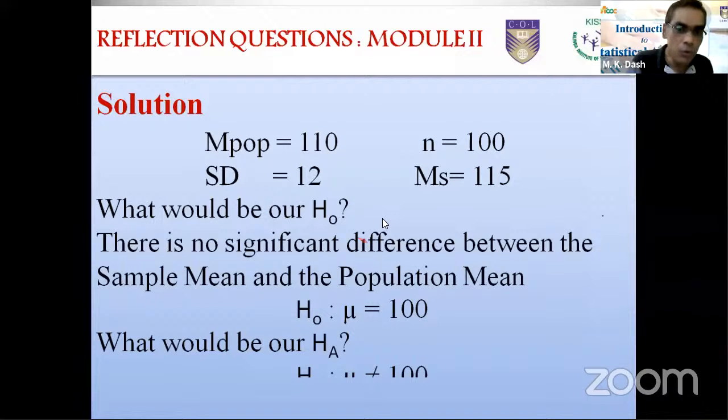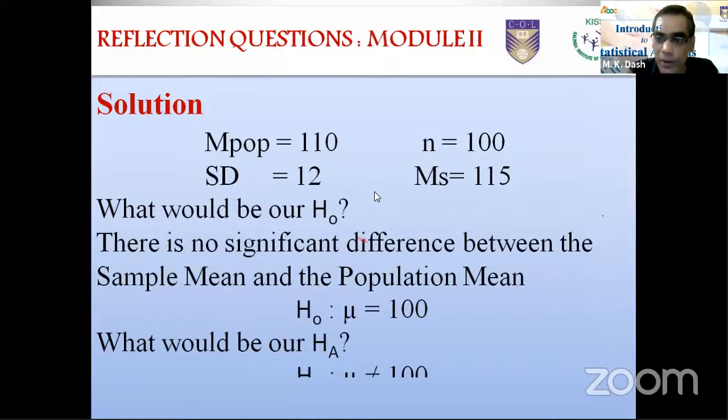What do we have to do? What would be our null hypothesis? This is the null hypothesis. What is the null hypothesis? There is no significant difference between the sample mean and population mean. What is the sample mean? 115. What is the population mean? 110.